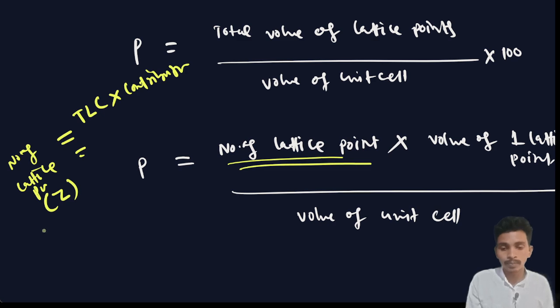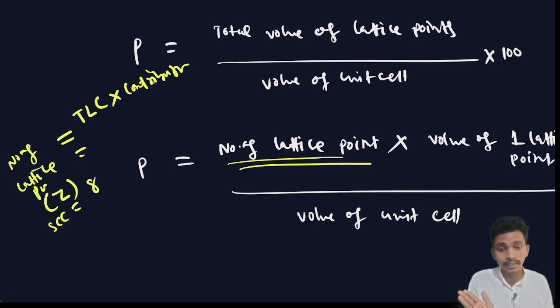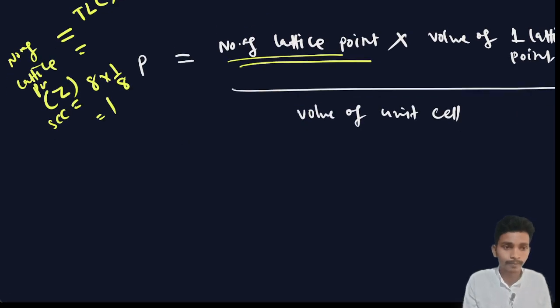Say for SCC, the lattice points are only present at corners, which is 8, and the contribution is 1 upon 8, so we get 1. So here P is equal to the total number of lattice points, Z, into the volume of one lattice point.